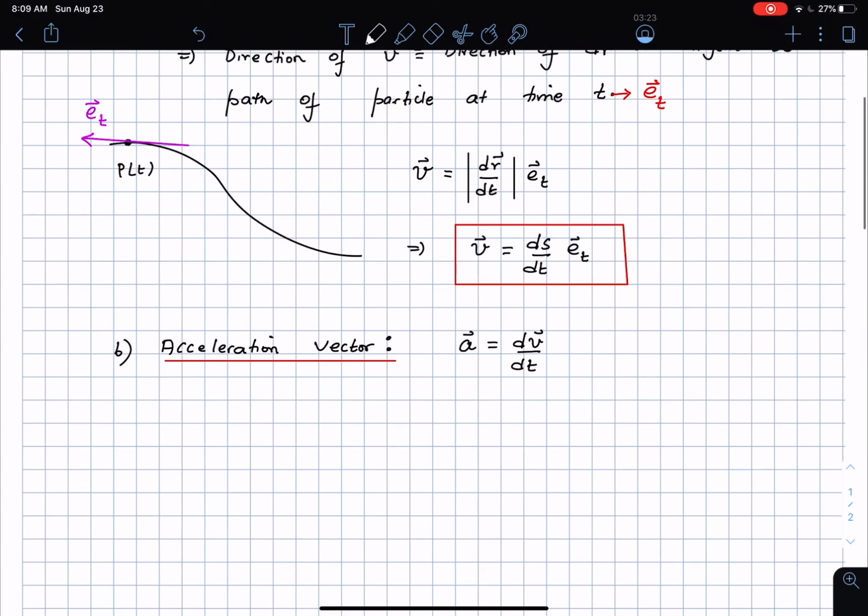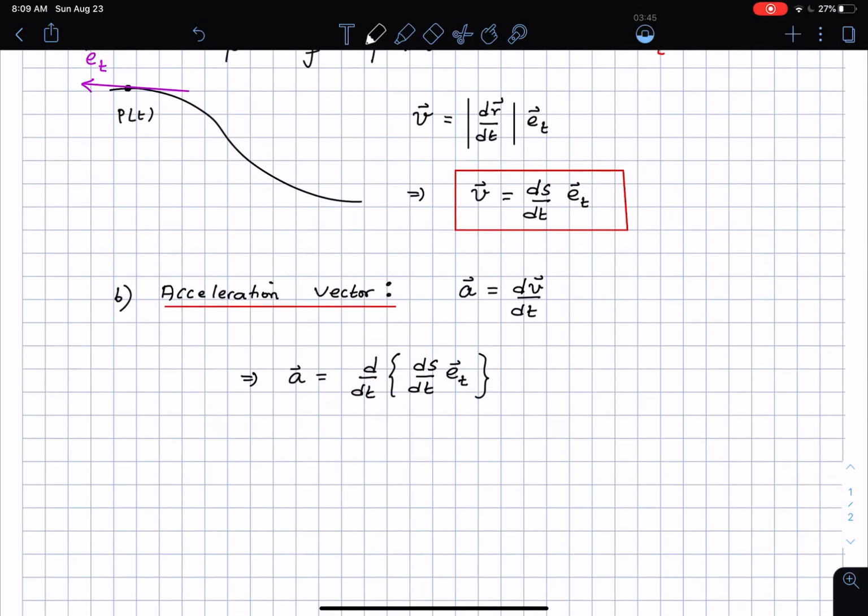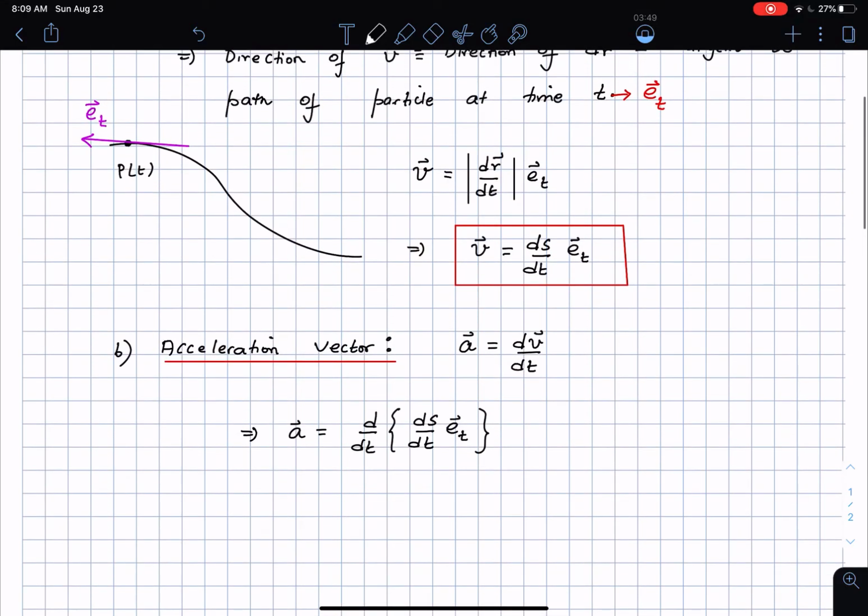Now I'm going to substitute for v from the expression above, which tells me that a is going to be d by dt of ds by dt times e of t. Now, ds by dt is a quantity that changes with time. e of t is also a quantity that changes with time. This is quite obvious for you to see, right?